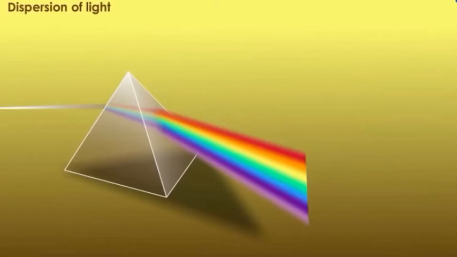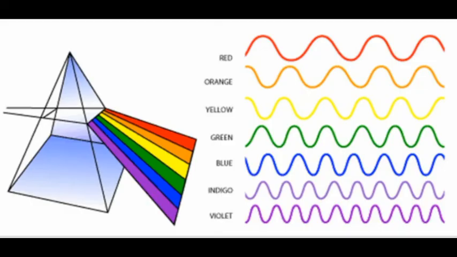Then why does it split up into its different component colors? The color of light is a basic phenomenon of the wavelength. Already we mentioned that light is an electromagnetic wave, and each and every wave has a wavelength and frequency.